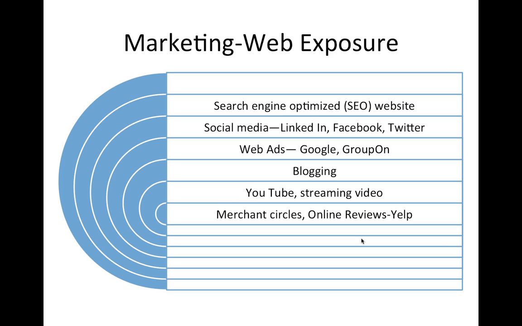You can go web ads. Google ads are extremely popular and have been very successful for folks. You can choose to blog. This is you writing on a consistent basis. This is 2 to 3 times a week normally for a consistent blogger about topics that are important to you. We've talked a little bit about YouTube and how you can have your own channel on YouTube and you can put up video and you can utilize merchant circles and the online reviews of Yelp.